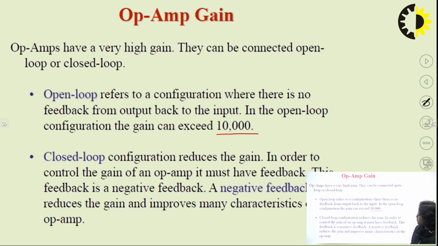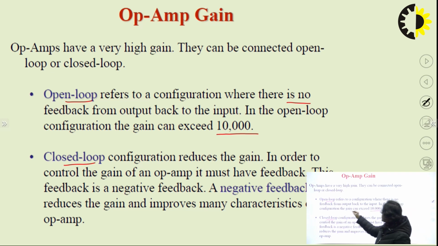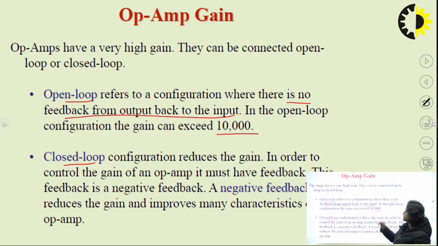But first of all, we will see the difference between open loop and closed loop. When there is no feedback from output to input, it is called open loop configuration. Open loop configuration has very high gain and hence it cannot be used for any mathematical operations. That's why we need closed loop operation.